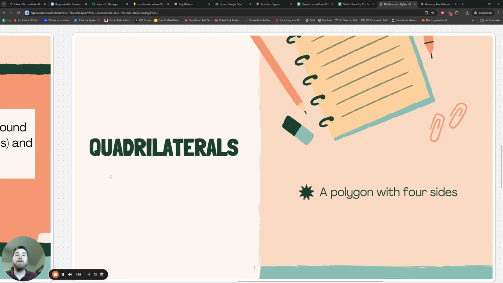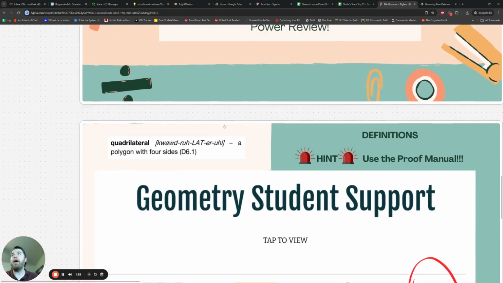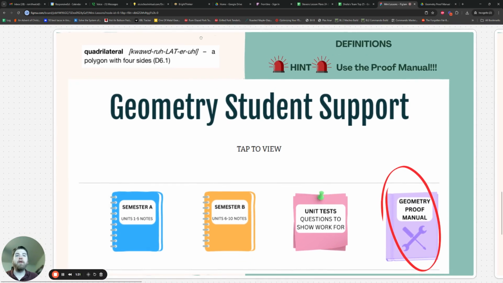Now, all of the different properties that you have from a quadrilateral are going to be in the proof manual. Make sure that you pay attention to this. Anything that's vocab, properties, anything like that, all that can be found in your geometry proof manual. My example is the definition of a quadrilateral that I just went over.